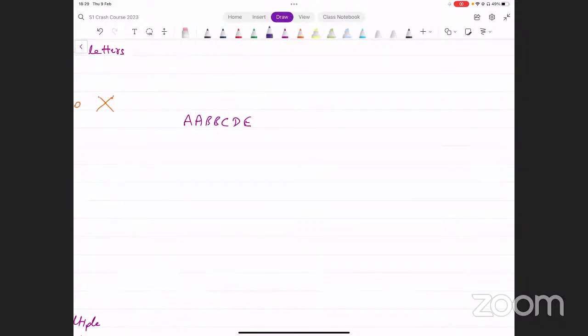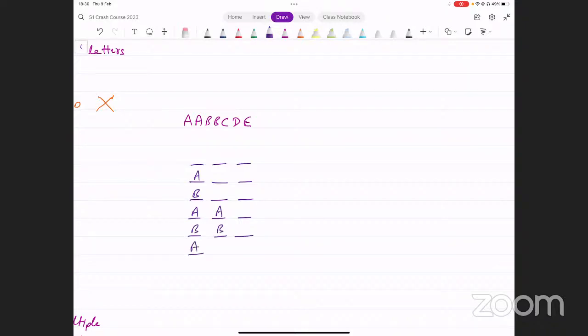So for example, you could have no A and no B's. Let's say you have to select three letters. One possibility could be that you're not selecting any of them. Another possibility would be that you're selecting one A and that's it. Another possibility could be that you're selecting just one B. Another possibility would be that you're selecting two A's. Another possibility would be that you're selecting two B's.